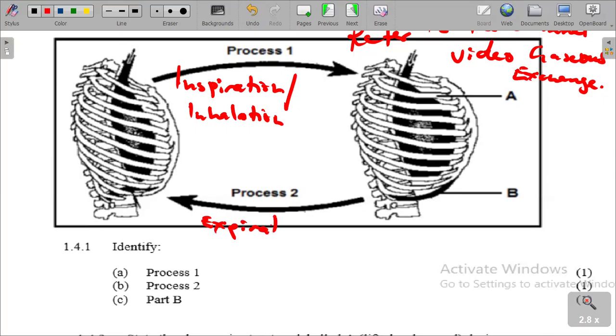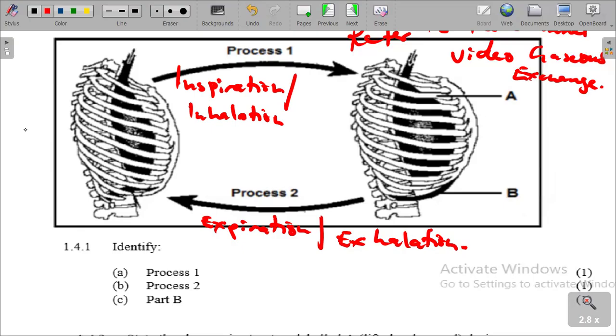Expiration or exhalation is process 2, as we can see there.